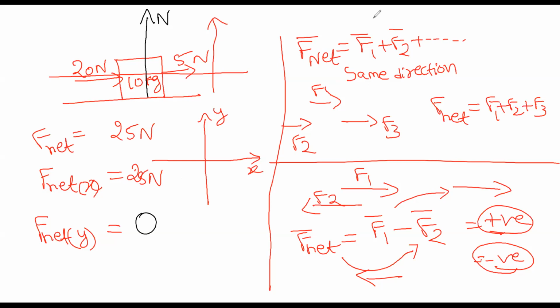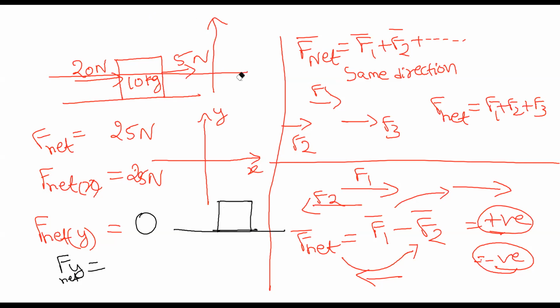Just listen, how to understand this one. What is F net in Y? Tell me what the forces are. We will draw the free body diagram. Draw forces only in the Y direction, and when you are dealing with the x-axis, draw only forces in the x direction.